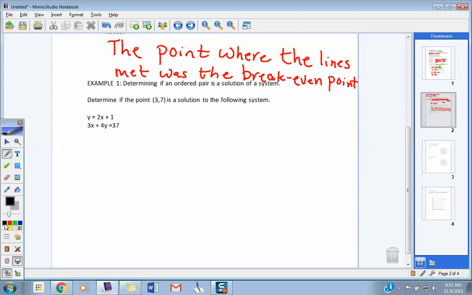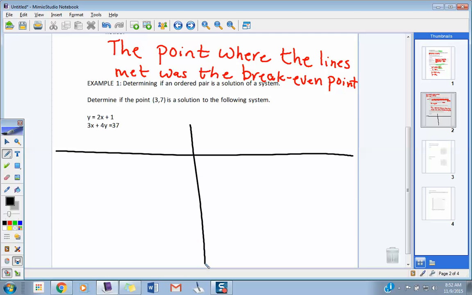Guys, basically what this is saying is when you input 3, you get an output of what? 7. Or if I put 3 in for which variable? X, I have to put 7 in for Y. So let's check this. I'm going to make kind of a T-chart here. You might want to do the same thing. First equation I'm going to check is going to be Y equals 2X plus 1.